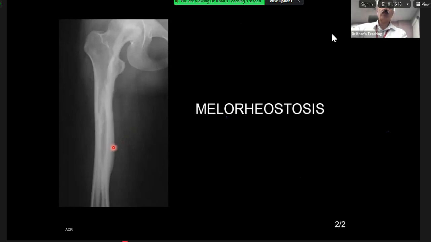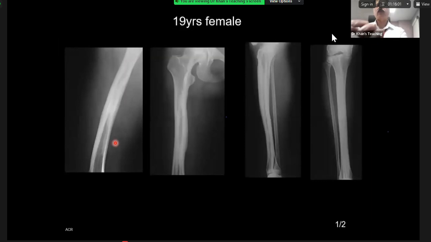This is the periosteal surface, this is the endosteal. This vocabulary you have to develop: endosteal means inner side, right? This is the medullary cavity. And in a long bone, it goes along the shaft to give you this classical molten wax type of appearance. If you look at this case, look at the tibia, and again you can see this particular pattern.